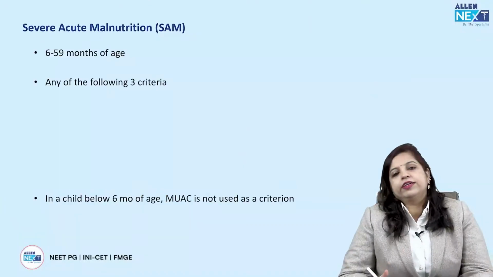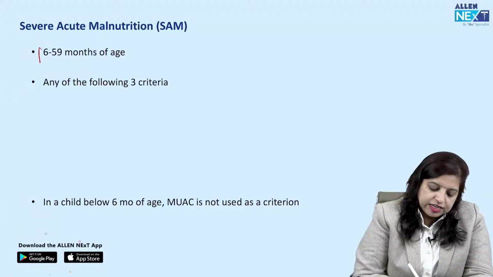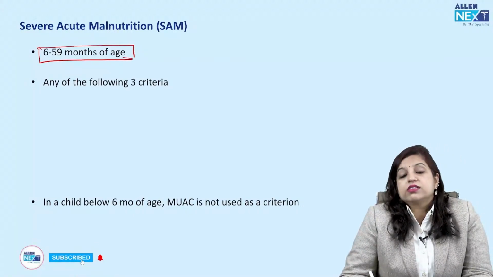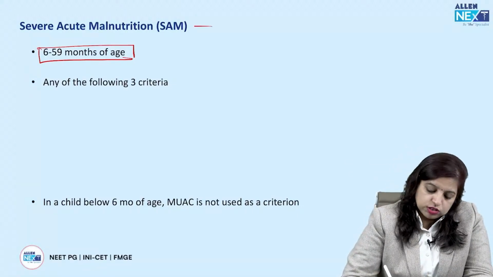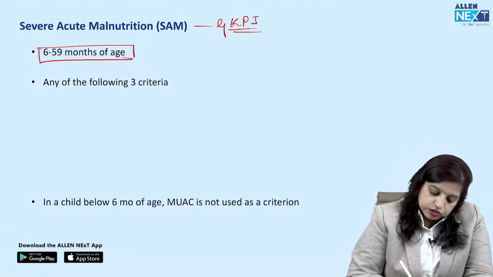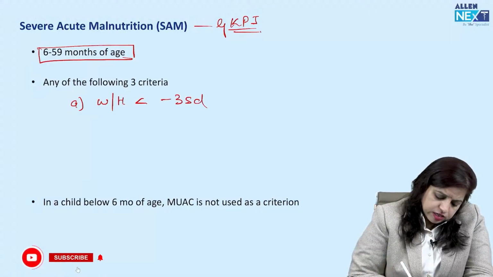Now, finally, we end with the features of severe acute malnutrition. This is defined in 6 to 59 months of age. Any one of the following three criteria is referred to as a feature of severe acute malnutrition. Again, as I would tell you, this is your slide to memorize thoroughly. You should remember this. First of all, weight for height less than -3 standard deviation.